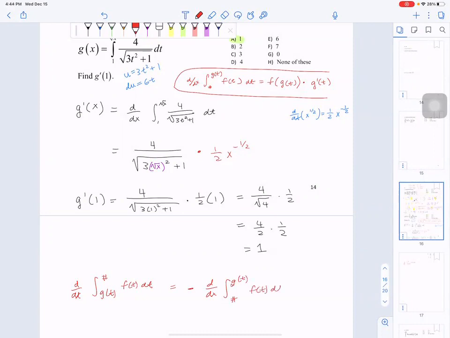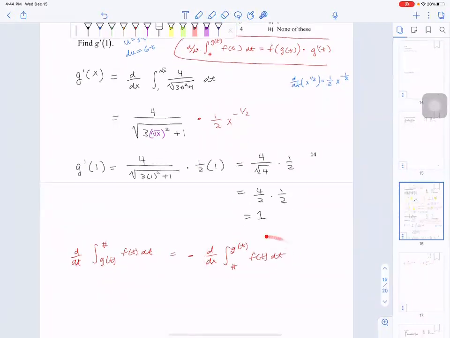You just multiply f of g of t times g prime of t by negative 1 at the end. So you would evaluate this normally and then multiply everything by this negative 1.